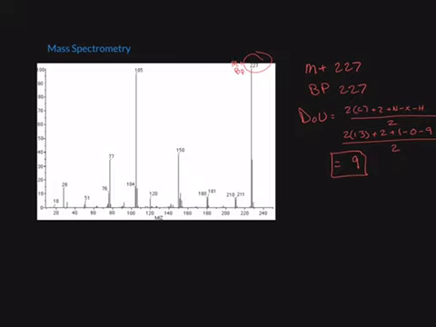Now we're going to look at possible fragmentation patterns. So we're going to take our M+ peak minus a couple of the other larger peaks that we see, such as 150 and 105. So we take 227 minus 150, which gives us an M- of 77. And then if we take 227 minus 105, we get an M- of 122.